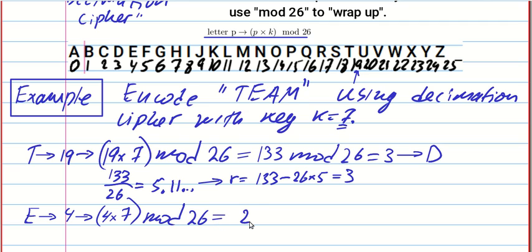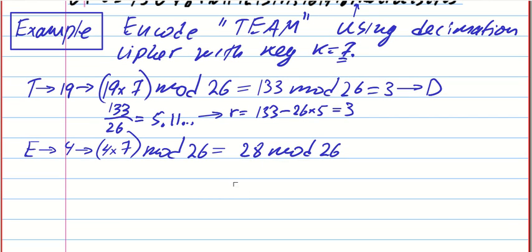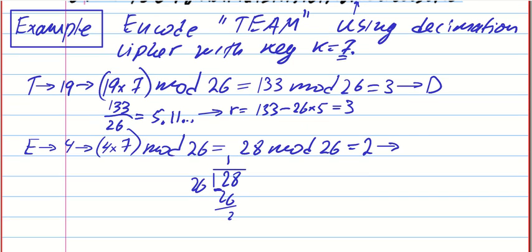So 4 times 7 is 28 mod 26, and when the numbers are close to each other, we can just subtract 26 from 28, because if we used long division, 28 by 26 would be 1, and we would subtract 26 to get 2. So when the numbers are small, it's easy to calculate in your head. We get number 2, and we look it up in the alphabet. It's C.